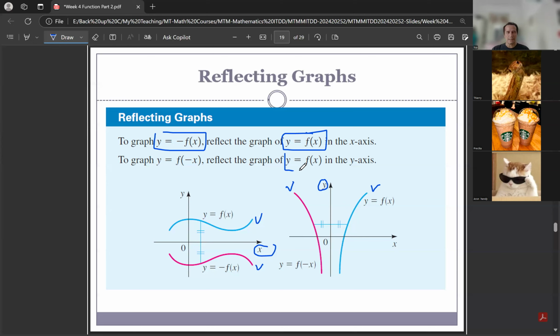On the other hand, if x is replaced by -x, it means that we reflect the graph in the y-axis. So this is what will happen.